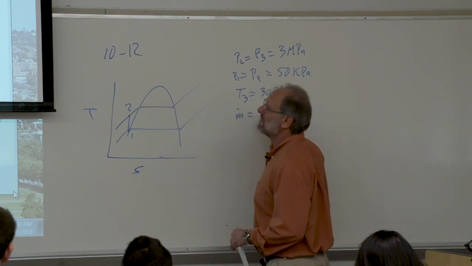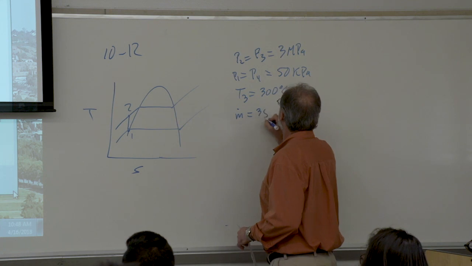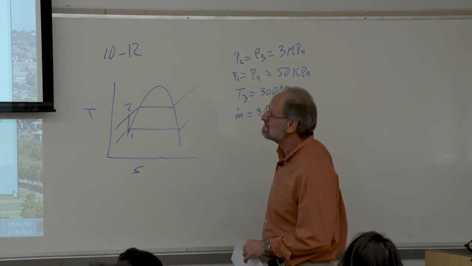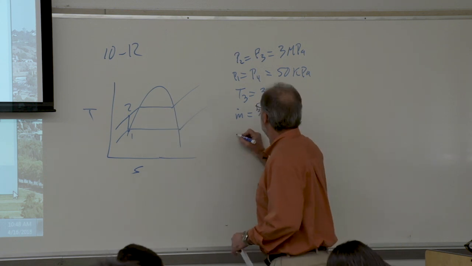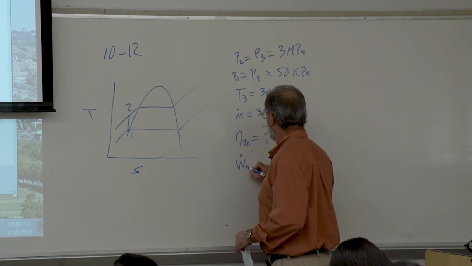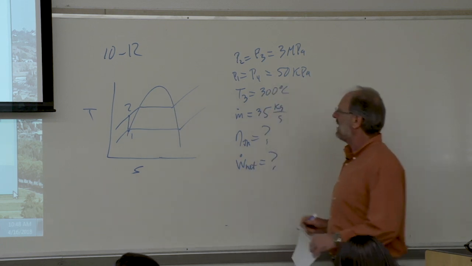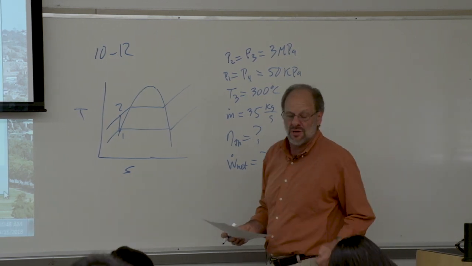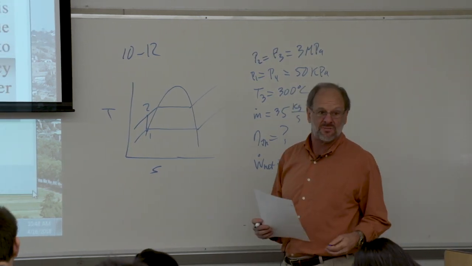And we're given the mass flow rate for the steam moving through the cycle of 35 kilograms per second. Okay. So we want to show it on the TS diagram, find the thermal efficiency, and also find the net power output. Okay. So let's just go through this exactly as I explained just a moment ago.